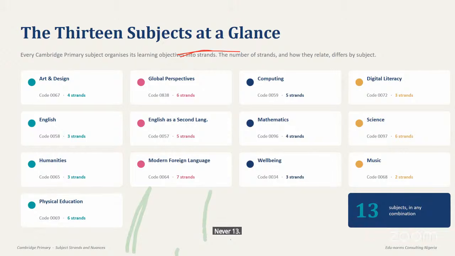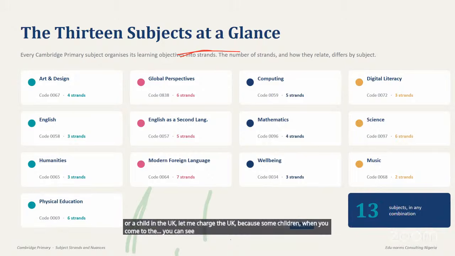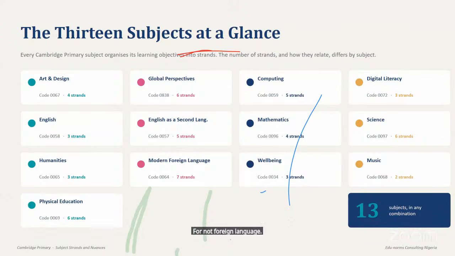You can see art and design, global perspectives, computing, literacy, English as a second language, mathematics, science, humanities, modern foreign language, well-being, music, and physical education.